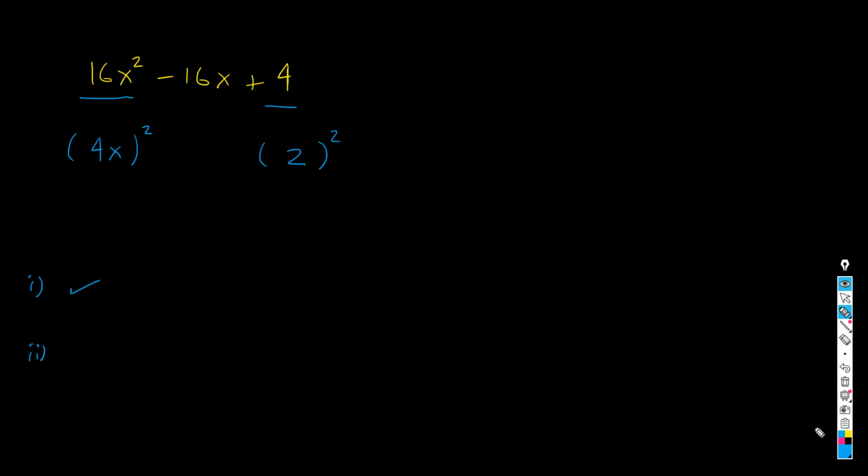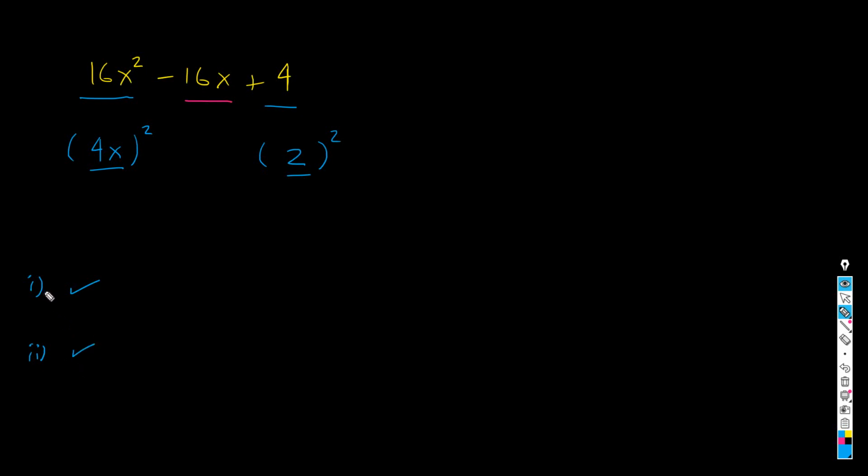Now the second step. Look at your term in the middle, 16x, and try to make sure whether this is twice the product of this times this. How much is this times this? That's going to be 8x. And twice that is going to be 16x. So in fact, it checks.